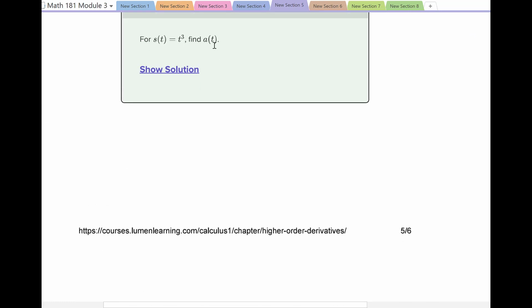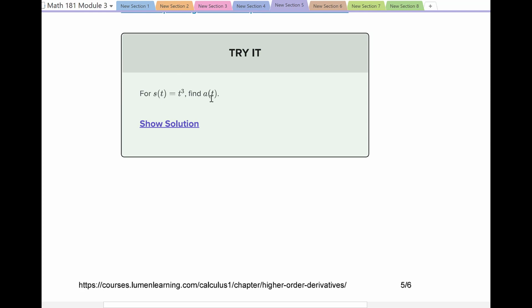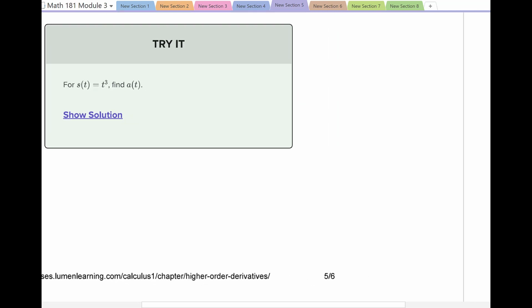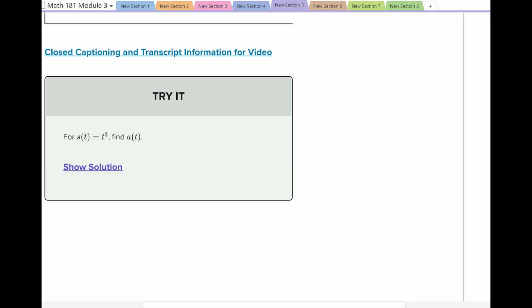Got one more. We're going to find the acceleration if our position function s of t equals t cubed. So that means we're going to find the first derivative, which gives us velocity, and the second derivative is going to give us acceleration. So the key point to take out of this is that acceleration at time t is the second derivative of s of t.